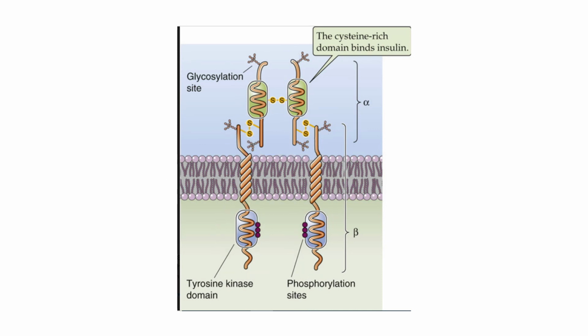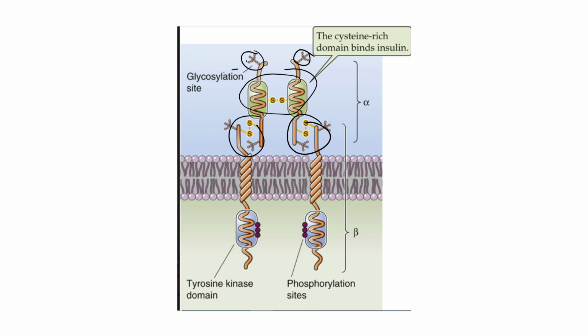Now, the two alpha subunits are bound to one another through disulfide bonds, as are the alpha and beta subunits. Also, just for clarity, there's a glycosylation site on the alpha subunits as well, and that's needed in order for insulin to actually be able to bind to the alpha subunits. And that's exactly what insulin does.